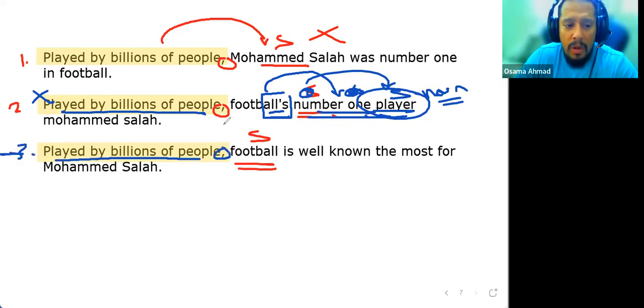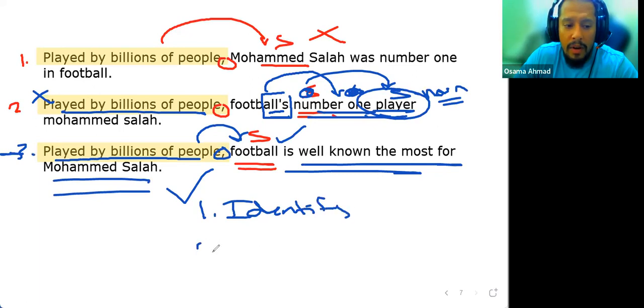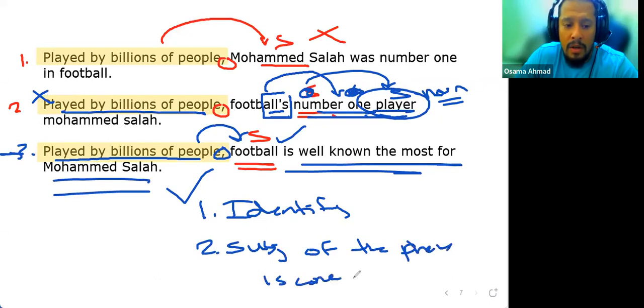Played by billions of people, football is well known. All right, answer is number 3. So when you're dealing with modifying phrases, number 1, you need to be able to identify the phrase. Number 2, you need to make sure the subject of the phrase is correct, right?